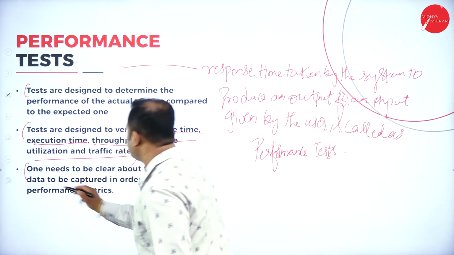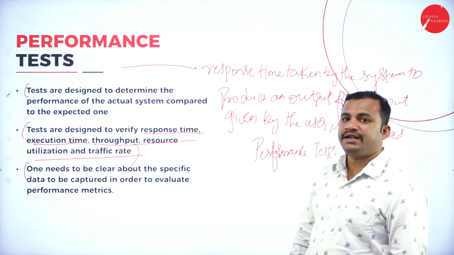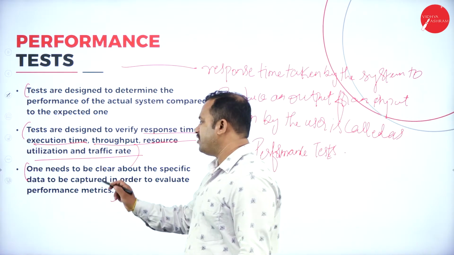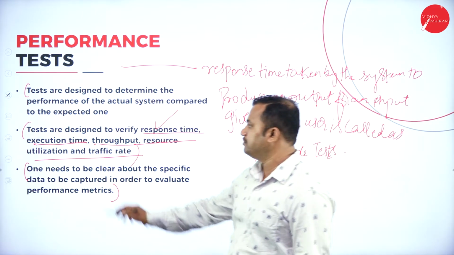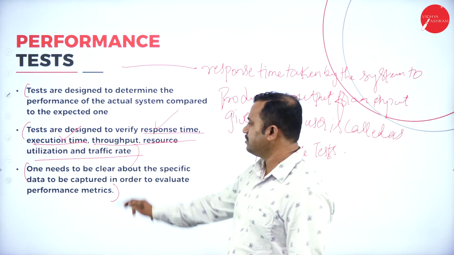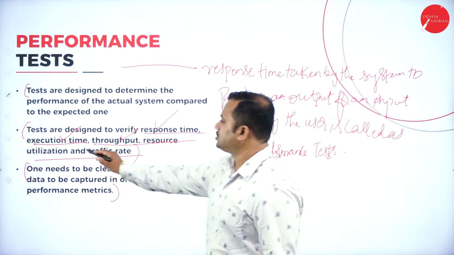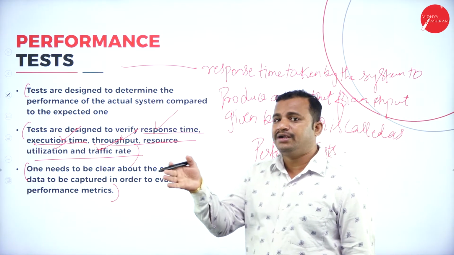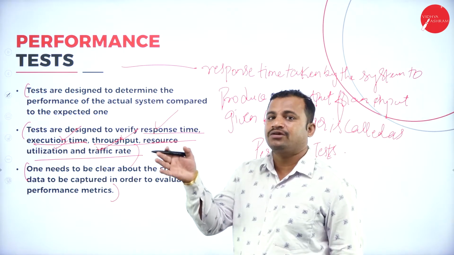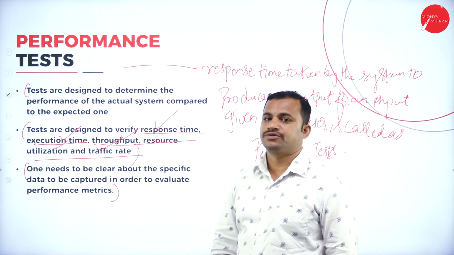Then one needs to be clear about the specific data to be captured in order to evaluate the performance metrics. The metrics may be in terms of response time, execution time, throughput, or resource utilization and traffic rate. All these are types of performance metrics based upon which we calculate and assess the performance of the software.